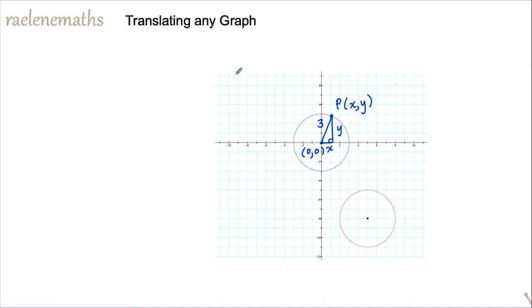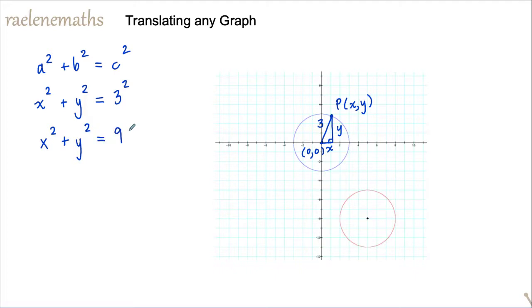And then by Pythagoras' theorem, we know a squared plus b squared equals c squared, and therefore a squared is x squared, b squared is y squared, and c squared is the radius squared, 3 squared, or 9. So the blue circle has equation x squared plus y squared equals 9.